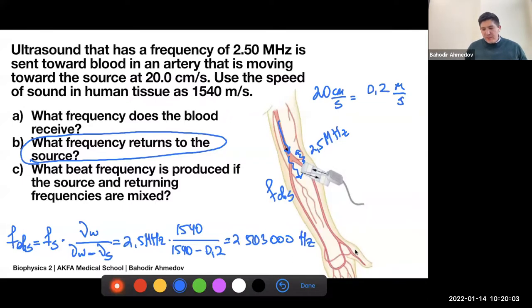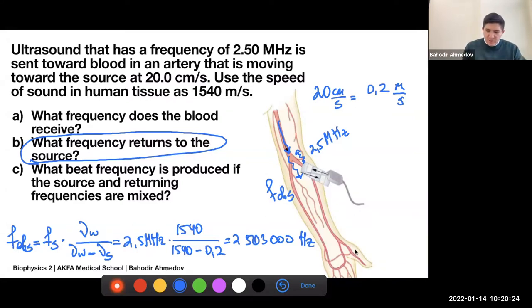Okay, but as a rule, in this example it was easy for us to calculate the frequency because we put everything into this formula. But in practice, we are not interested in calculating the frequency of the sound, because we can measure this, right?